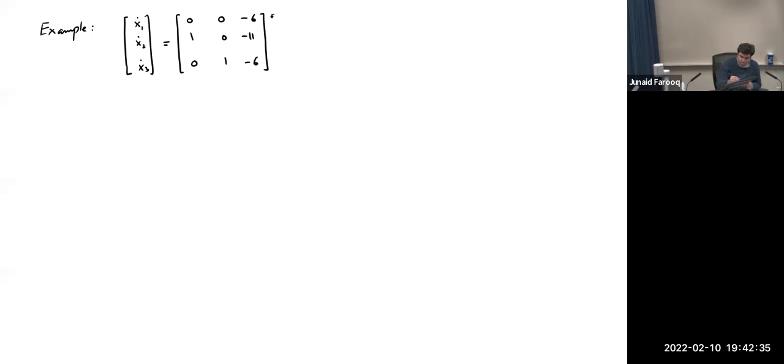Just like the previous example which we did for controllability, we will have a system x1 dot, x2 dot, x3 dot equals the matrix [0, 0, -6; 1, 0, -11; 0, 1, -6] times x1, x2, x3, plus something u.